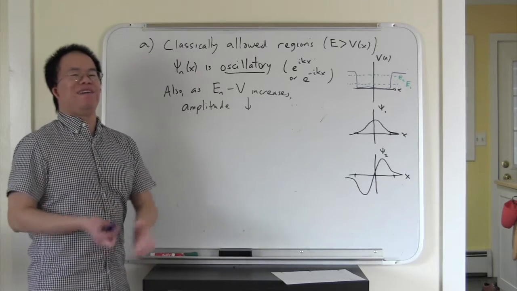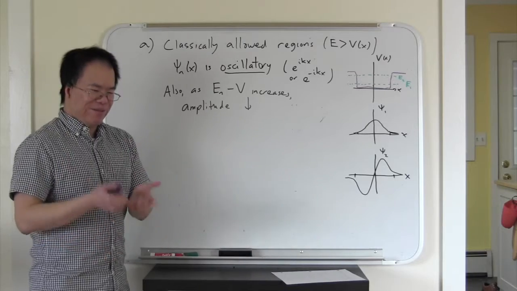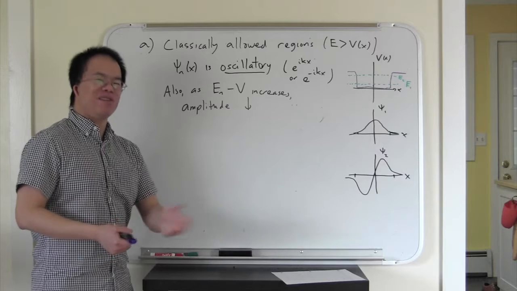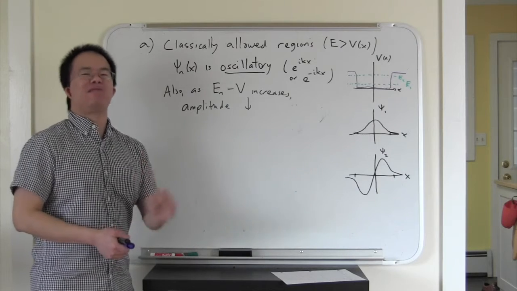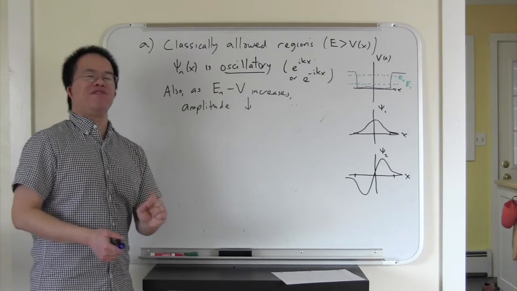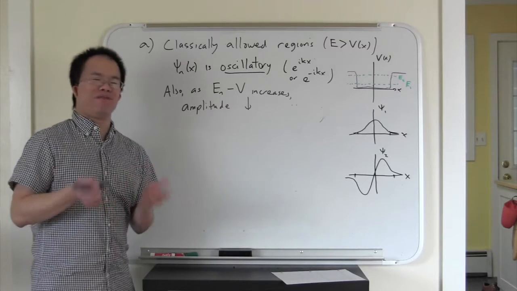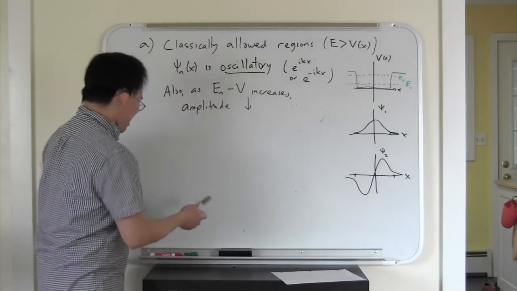There's also a heuristic, sort of wrong but sort of mnemonic device argument you can make. This you should take with a giant grain of salt, since the reasoning is not quite correct. It's one of those semi-classical arguments.